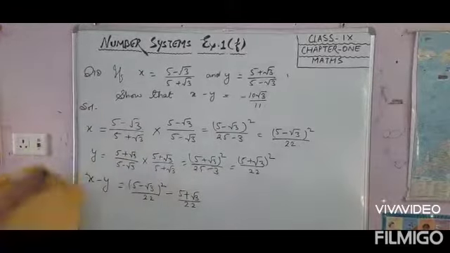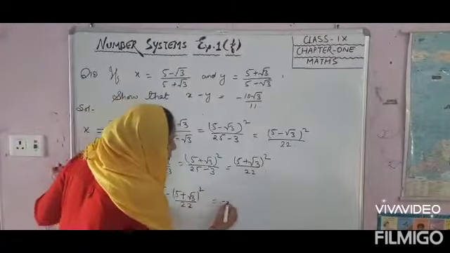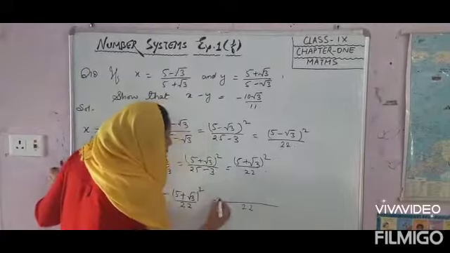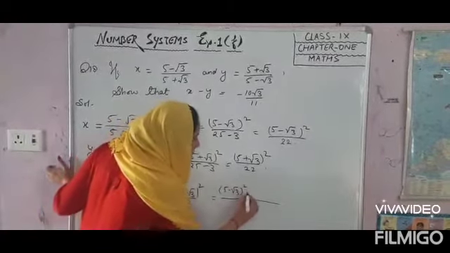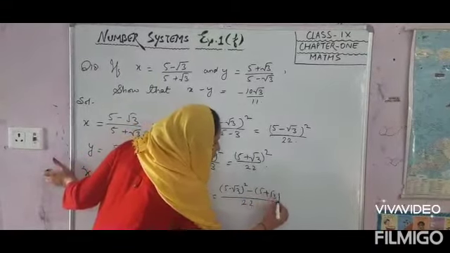Now both denominators are the same. Take LCM 22. You will get (5 minus root 3) whole square minus (5 plus root 3) whole square.